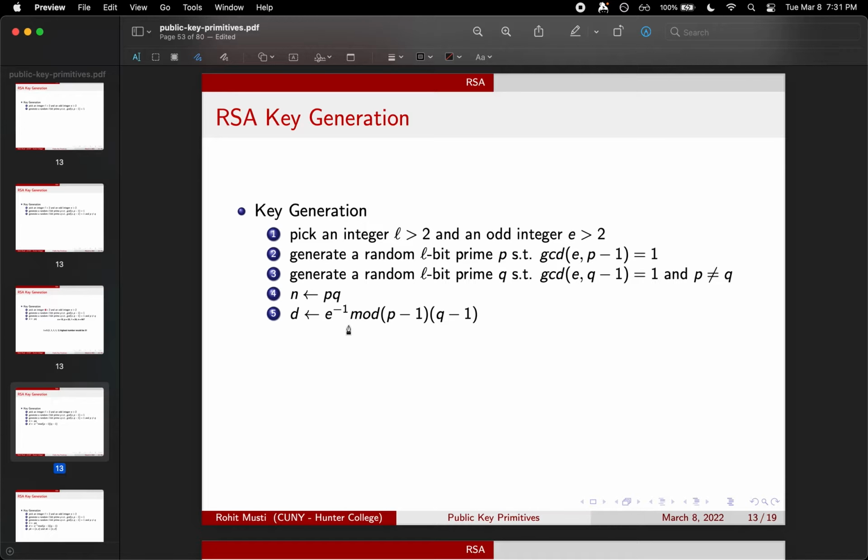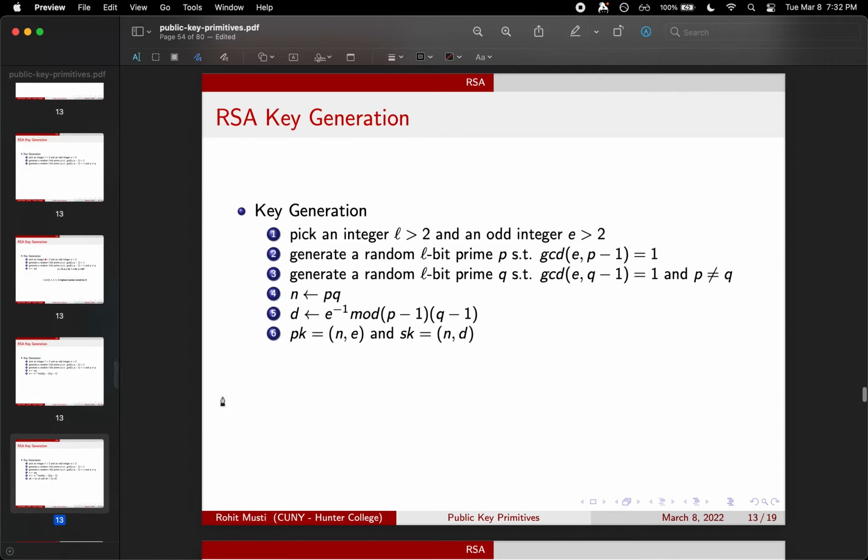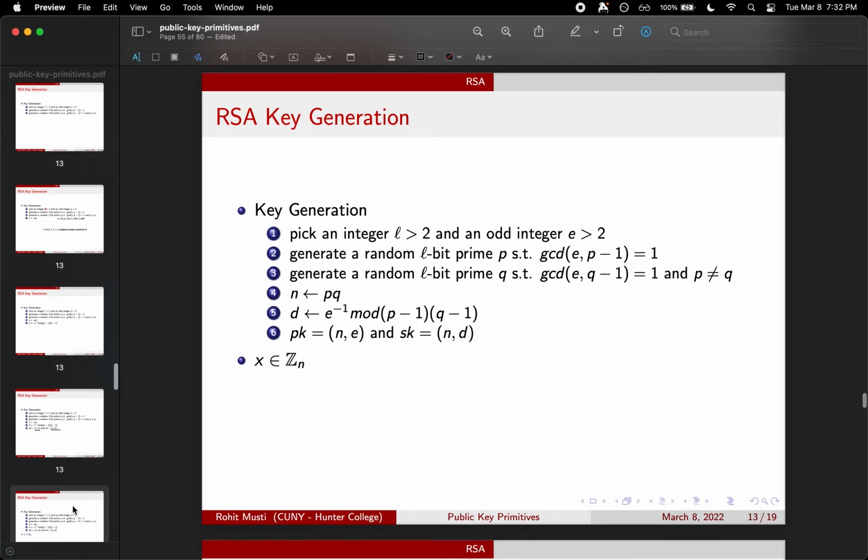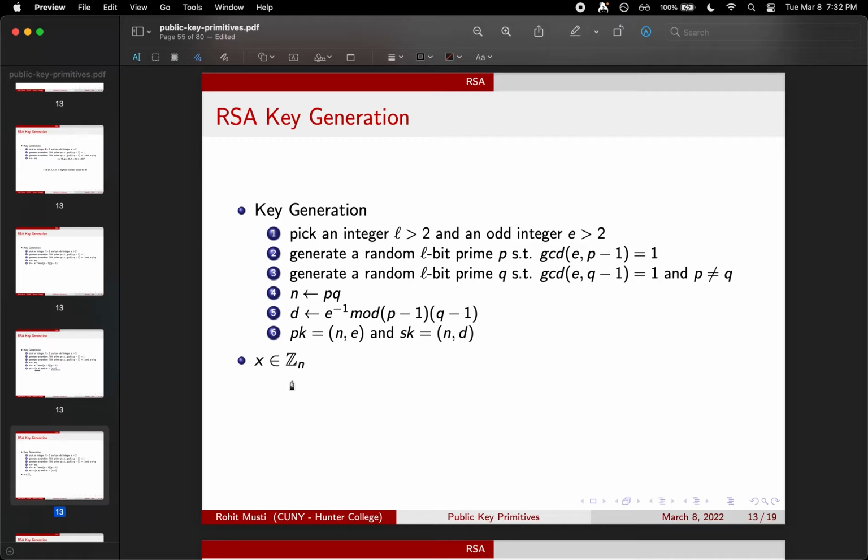Then we calculate D. So D is E to the negative 1, the inverse of E, mod P minus 1 times Q minus 1. And then the public key is just N comma E, and the secret key is N comma D. Now, there's this notation we're arriving at where we have X is in Z of N. X is the data that's going to be encrypted by the RSA trapdoor function.